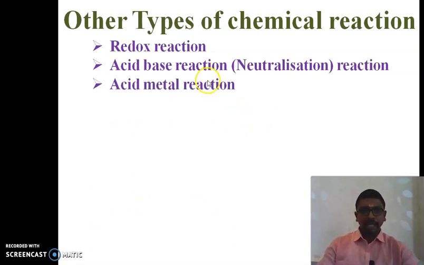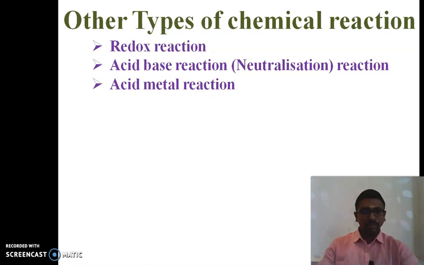And next is acid metal reaction. When we add acid to a metal, it forms salt and hydrogen gas is liberated.